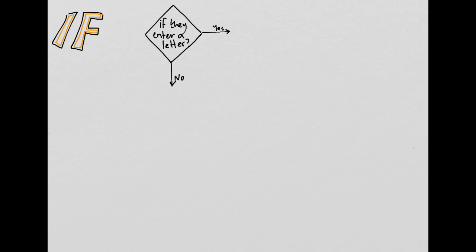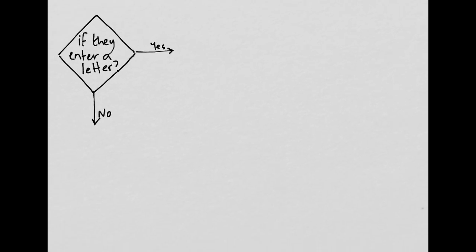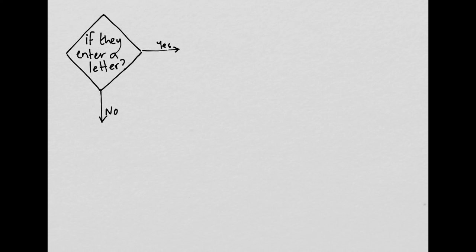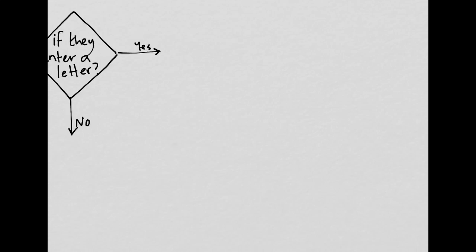Okay, so what we're looking at within Python is the same sort of sentence that you'd have in English, and a bit like what we've already put in the diamond. We're talking about, well, actually, if something happens, we're going to indent the code.